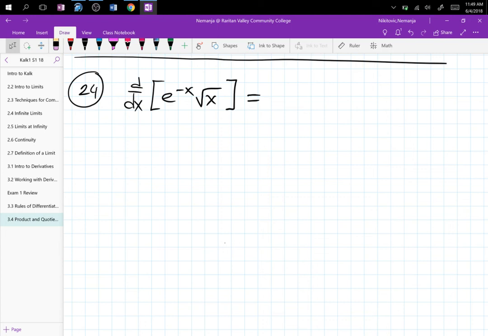Product. Or quotient, I don't care. How about one half of the classroom use product, the other use quotient? Well, maybe try both, since you're sitting there. Try both.